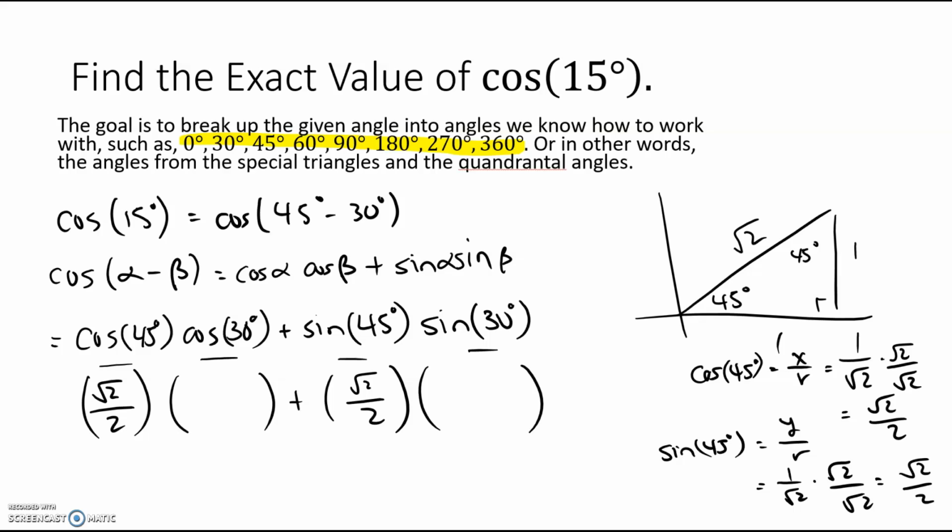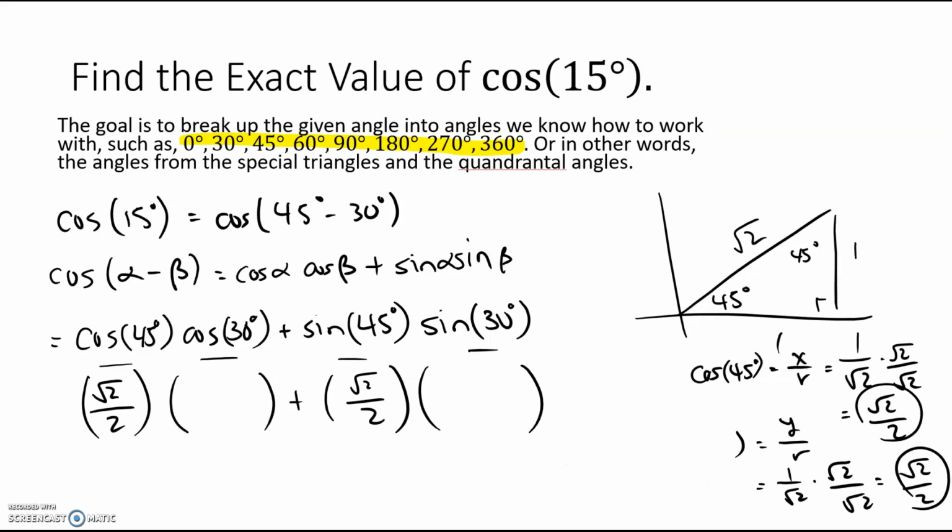Now remember, if you've got cosine and sine together, and if this angle plus this angle equals 90, they're going to equal the same thing. So because these are 45 and 45 plus 45 equals 90, they should come out to the exact same answer. That's just an FYI at this point.